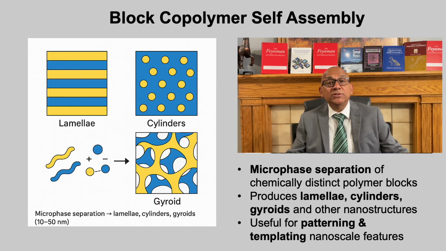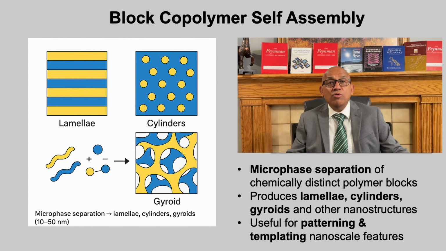Block copolymers consist of two or more polymer chains covalently bonded together, but chemically incompatible. Because the blocks cannot fully separate like oil and water, they undergo microphase separation instead. This results in ordered nanoscale domains such as lamellae, cylinders, and more complex structures like gyroids.